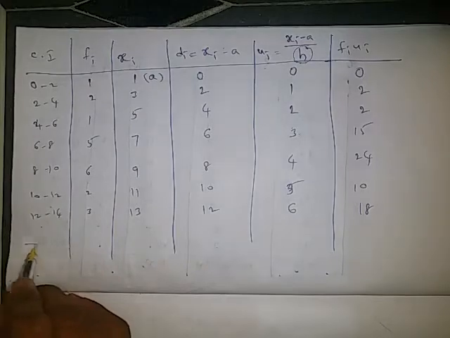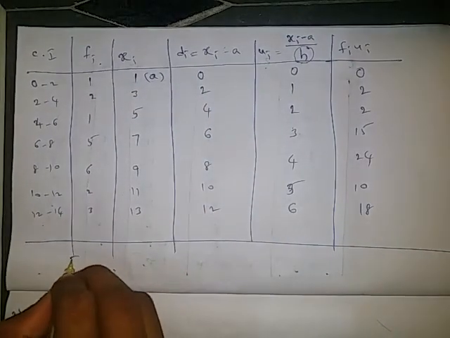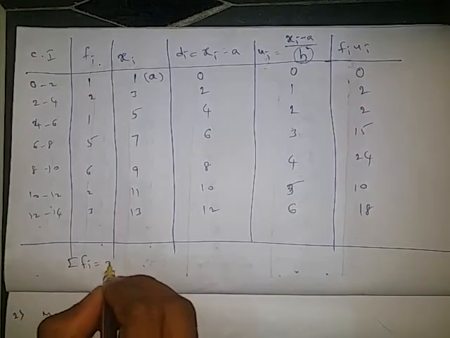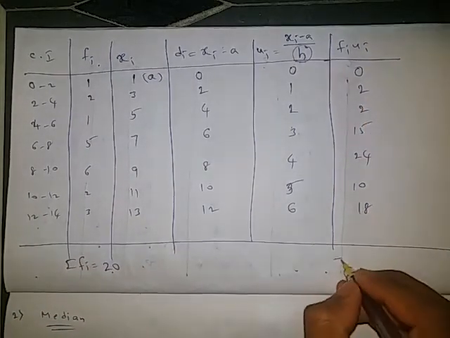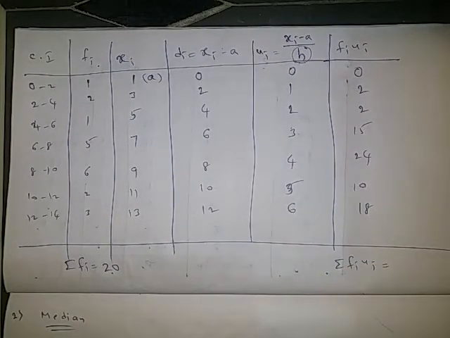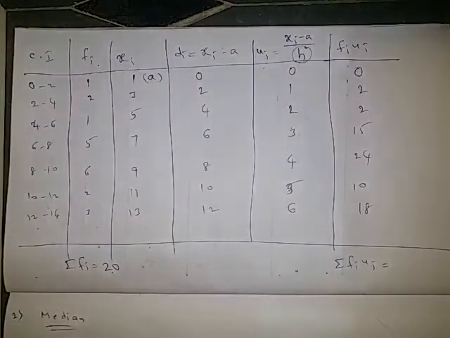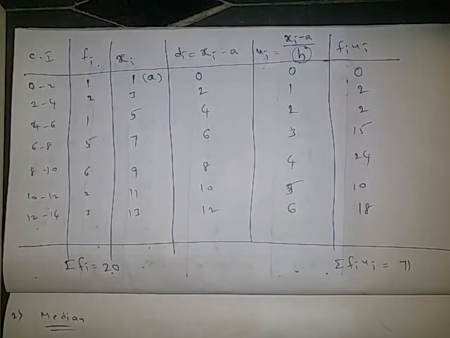Again, now the summation. Fi, second column, add all the numbers, sigma fi, already we know that is 20. Now this last column we need to add, that is sigma fi ui is equal to, so the answer is 71.